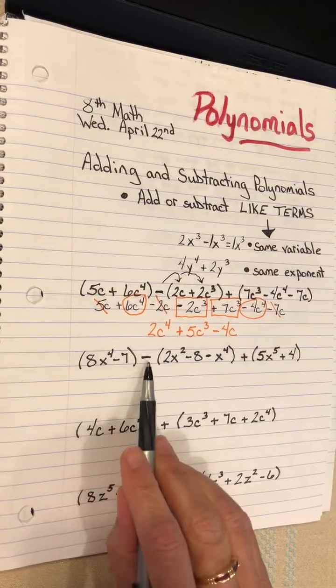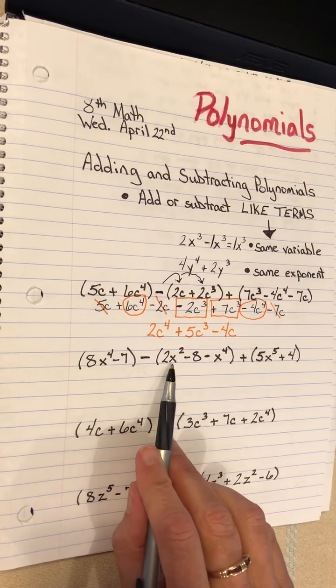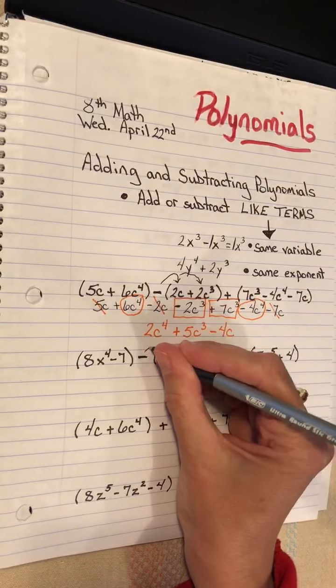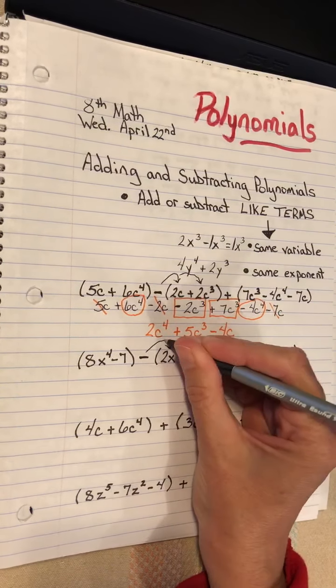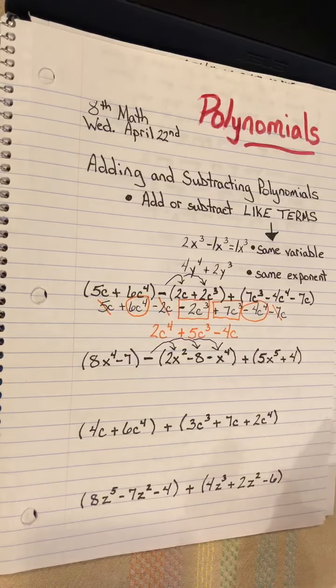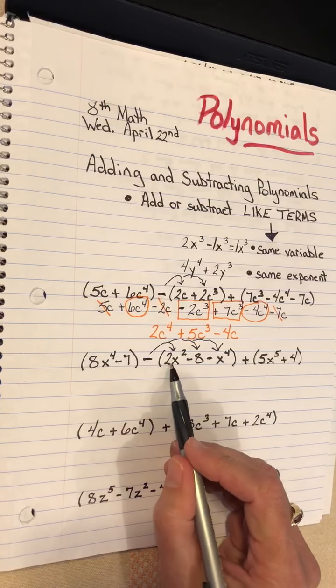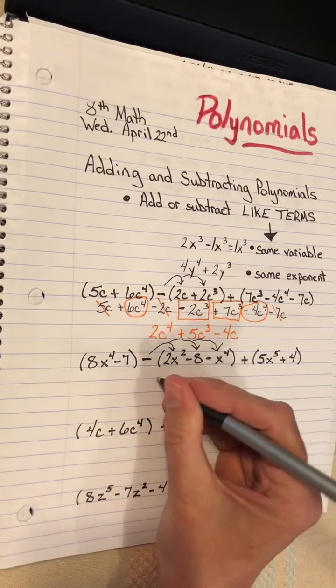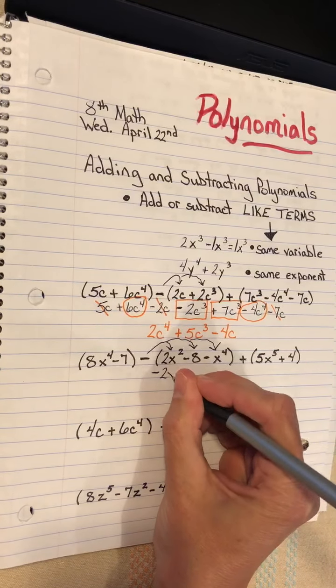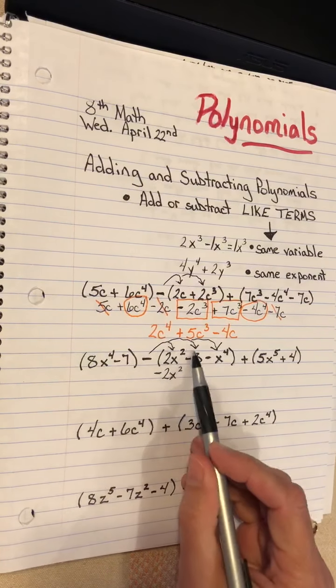Once again, we have the negative sign in front of the second parentheses. You need to distribute the negative into each term inside of the parentheses. So instead of it being 2x squared, it becomes negative 2x squared. Bring the negative in.